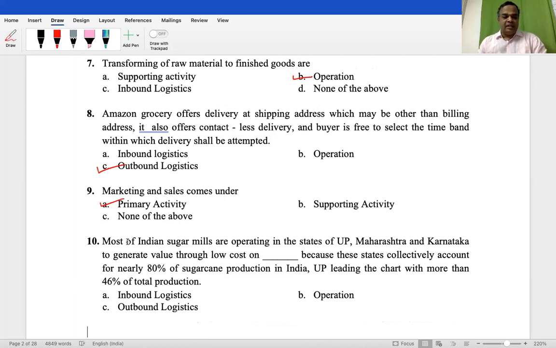This comes under inbound logistics, operation, or outbound logistics? Inbound logistics. Okay. Next.